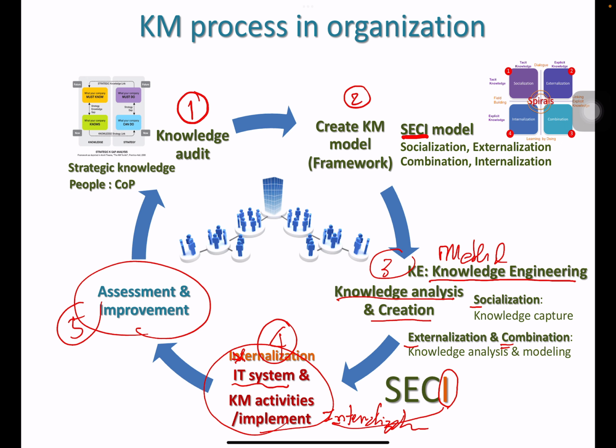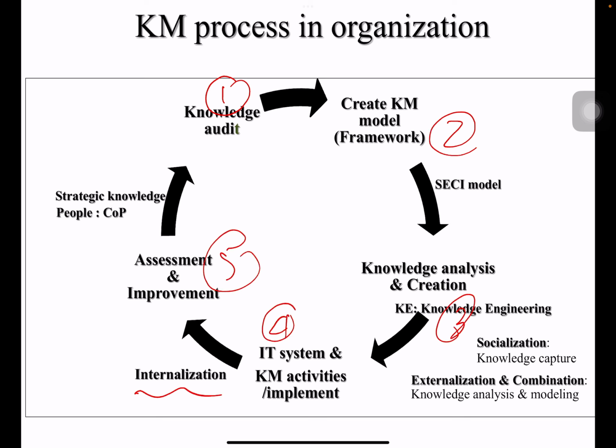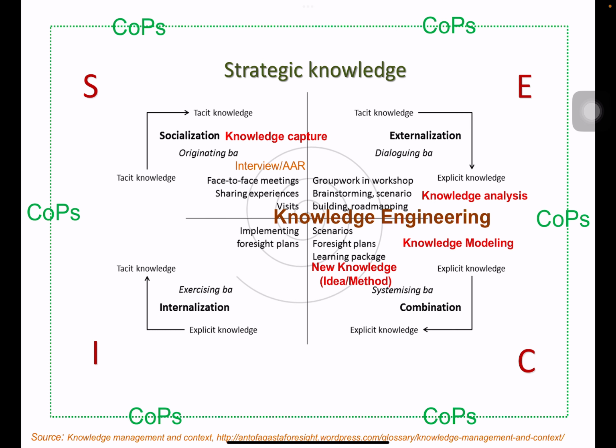Okay, so this is part of the figure, the whole figure, steps 1, 2, 3, 4, 5, and you can see the steps of the SEGI model. Let's see the framework of the SEGI model. We focus on the strategic knowledge as the starting point.